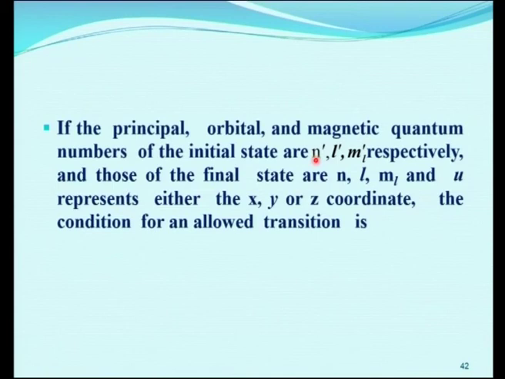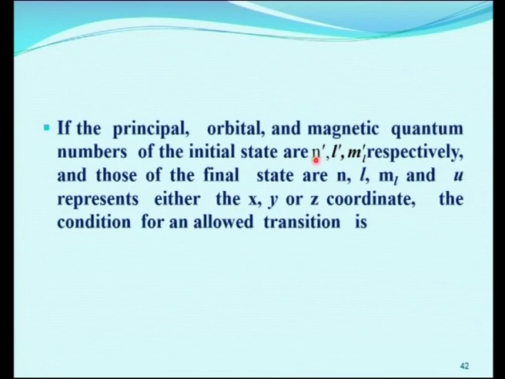In this case the hydrogen atom needs 3 quantum numbers to specify the initial and final states involved in a radiative transition. Let the principal, orbital and magnetic quantum numbers of the initial electronic energy level be n dash, l dash, ml dash.